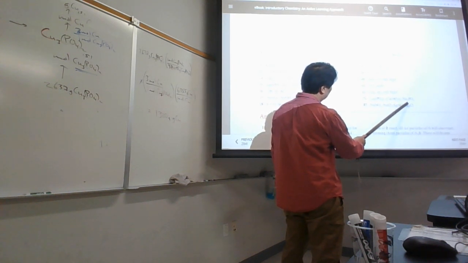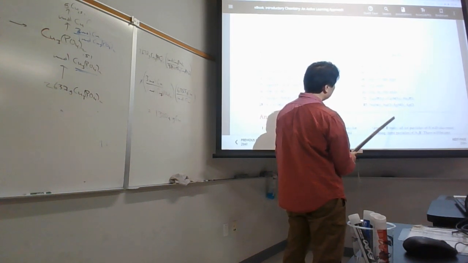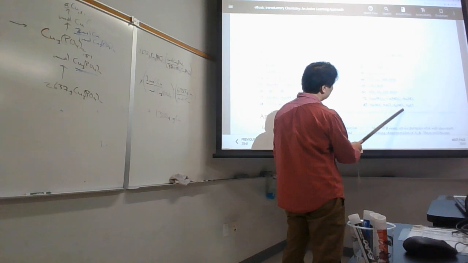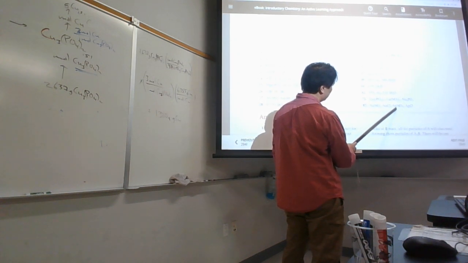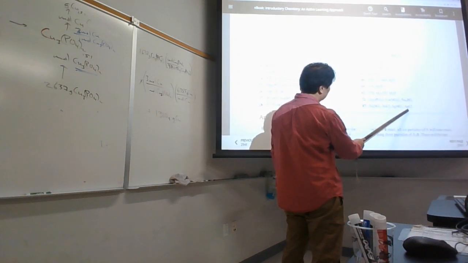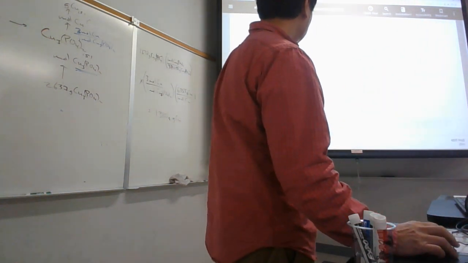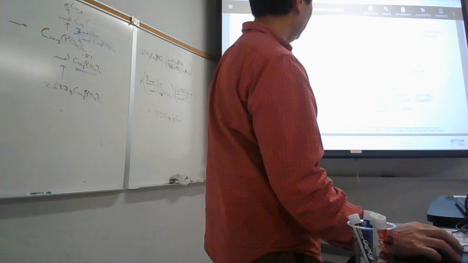Sodium phosphate. Silver nitrate. That's the stuff that stains your fingers black. Silver chloride.